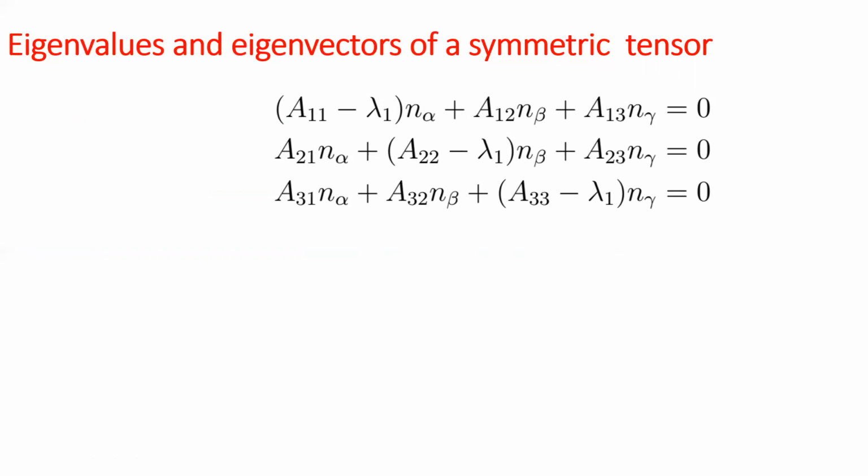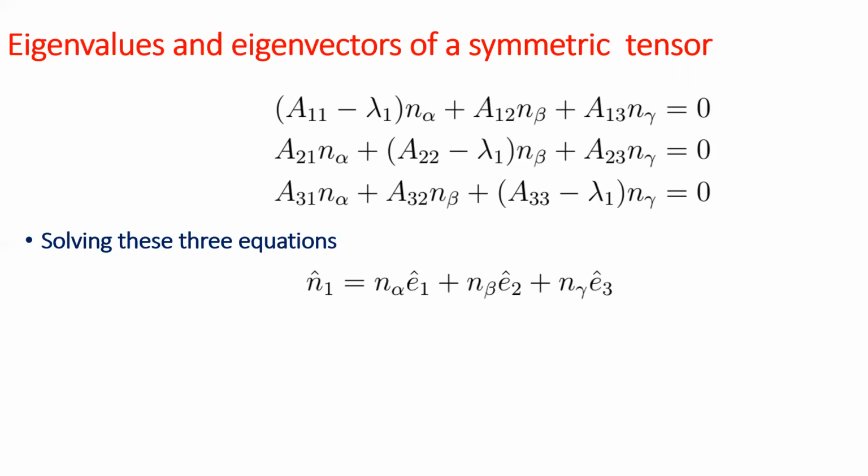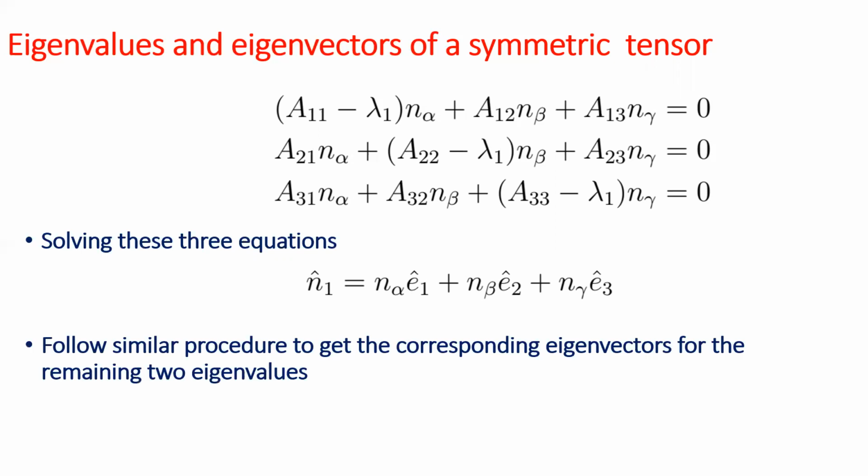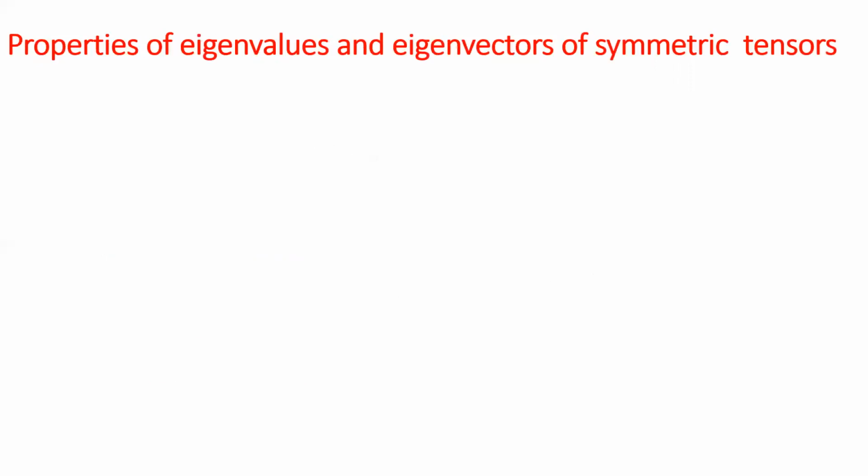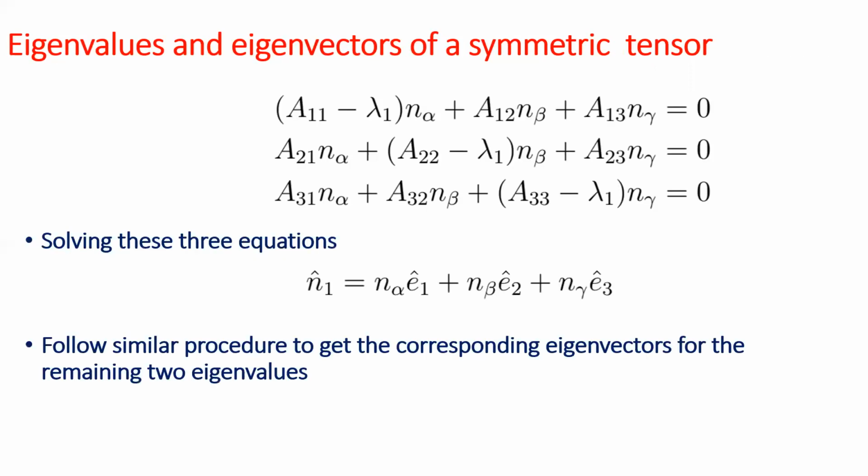Three equations, three unknowns. So you identify the unknowns, and hence you get the eigenvector corresponding to the first eigenvalue. Likewise, repeat the exercise to get the remaining two eigenvectors as well. All right. So that's how one calculates the eigenvalues and then the eigenvectors.